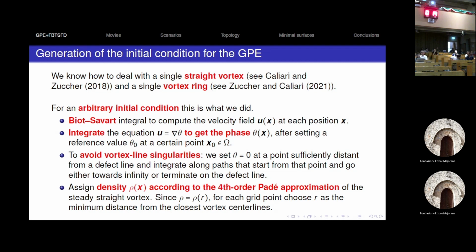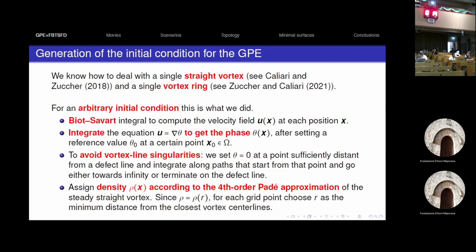The problem is if you have an arbitrary initial condition like a trefoil knot, how do you generate the initial psi? Well, one idea is, given the 3D curve, by the Biot-Savart integral, you compute the velocity field, which is time-consuming, but at least you have a velocity field. Then you integrate that to get the phase, and you have to be careful. Well, it's defined up to a constant.